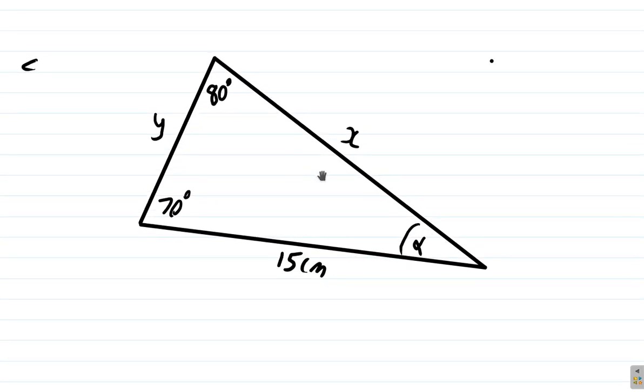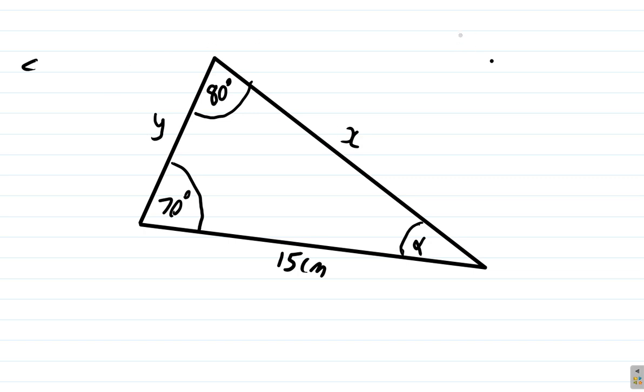Now, we have a triangle here. We have 70 degrees and 80 degrees here. Let me put in the arcs for the angles. We have angle alpha. We want to find angle alpha, and we want to find x and y.